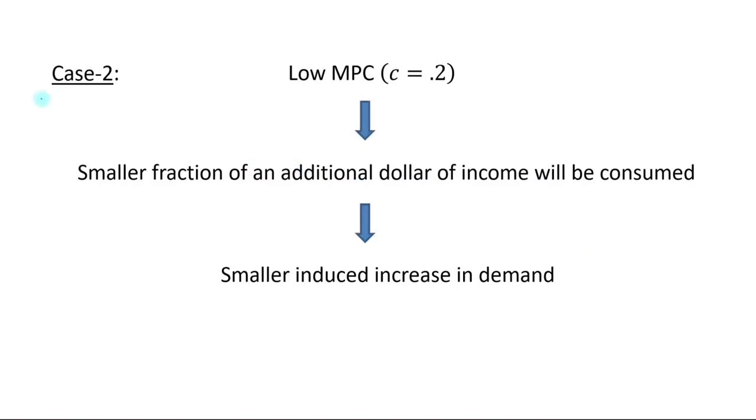In case 2, if we take a low MPC of 0.2, it implies a small fraction of an additional dollar of income will be consumed, which implies a smaller induced increase in demand. In this scenario, the value of alpha, the multiplier, will be smaller.